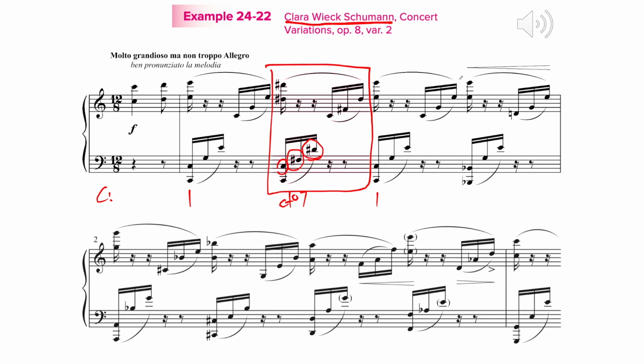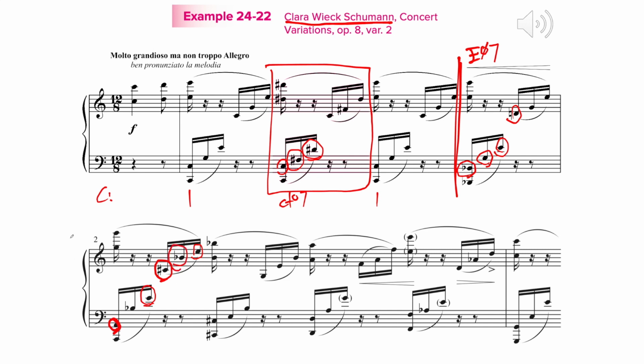Let's take a look at the following chord. If you look at the pitches, we will see that this is an E half diminished seventh chord, and in the next measure we have A, C sharp, E, G, and B flat.